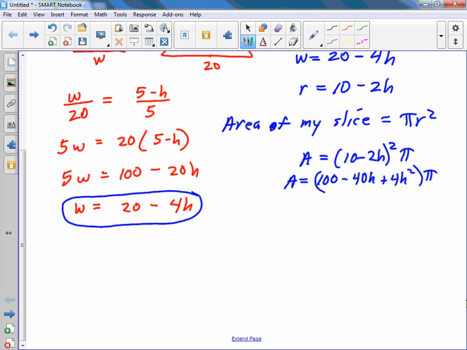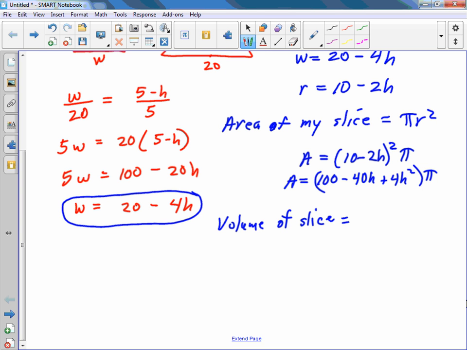Now, let's go to volume of the slice. Because looking at your stuff, you guys were trying to do it all at once. And I think that hurt you. I think doing it a little bit at a time, while being more tedious, is stronger.